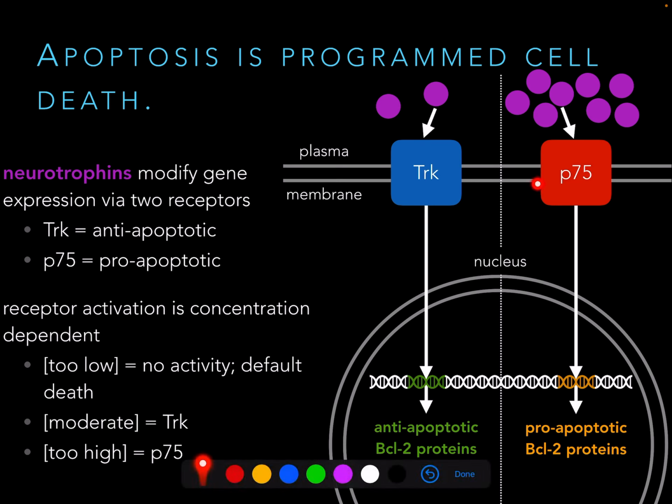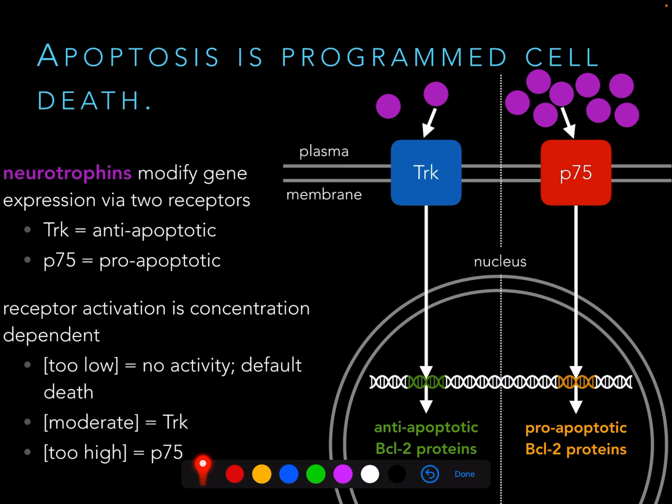If we stimulate p75 receptors, generally we think of this as happening because of an excess of neurotrophins, then p75 stimulates the expression of pro-apoptotic BCL2 proteins. So we have to get the right concentration. Not too much. If we have a very high concentration of neurotrophins, we start to turn on p75. That'll kill you. If we don't have enough neurotrophin around, well, then we don't stimulate either receptor, and we take the default pathway, which is death.